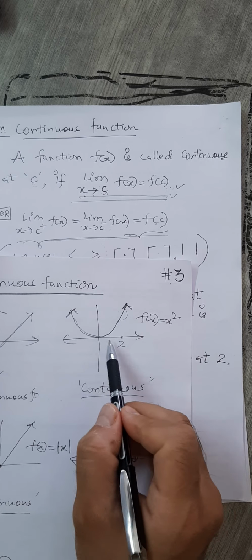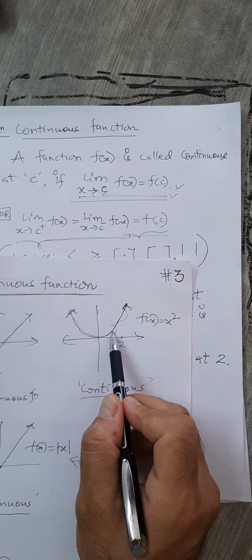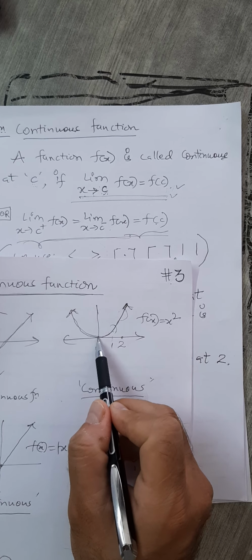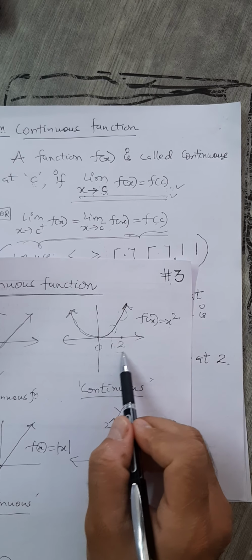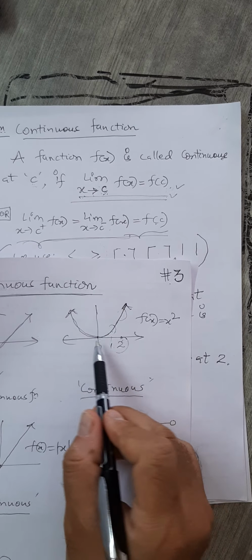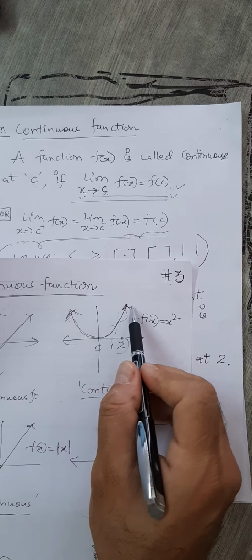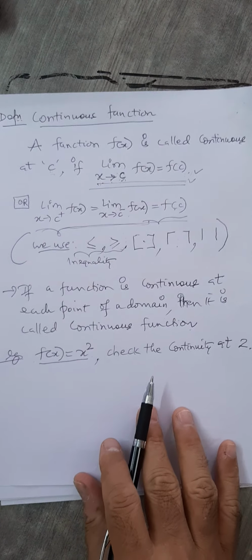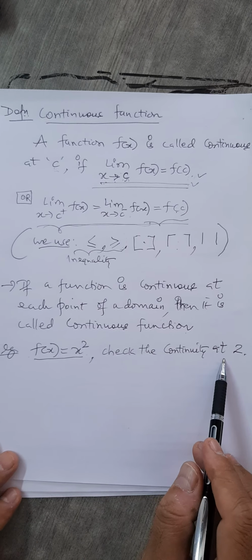There is no break. If I take 1, it's continuous. If I take 0, the graph is continuous. In fact, it's continuous everywhere. I'm just showing you at 2. The answer is that it is continuous because there is no break in the graph of the function. I'm just illustrating.